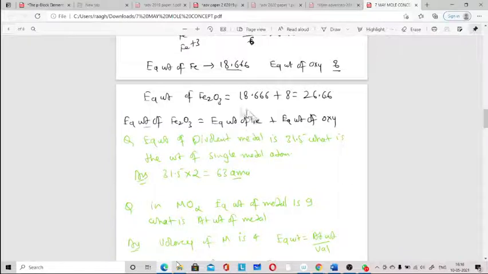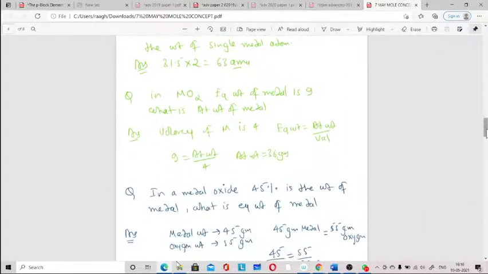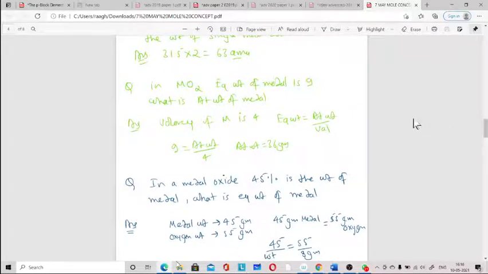So equivalent weight of metal plus equivalent weight of chlorine if it is chloride, or equivalent weight of carbonate if it is carbonate. So we did some questions there. In MO2, the equivalent weight of metal is 9. So the atomic weight of metal is, here it is, yes.